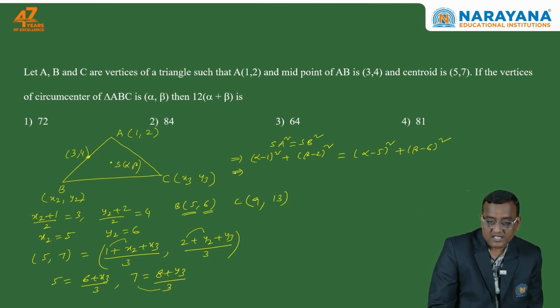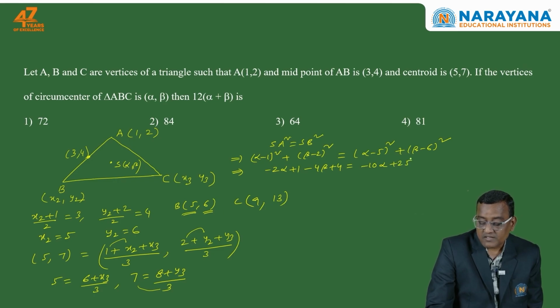Expanding this and simplifying, alpha square and beta square on both sides get cancelled. It is minus 2 alpha plus 1 minus 4 beta plus 4 is equal to minus 10 alpha plus 25 minus 12 beta plus 36.